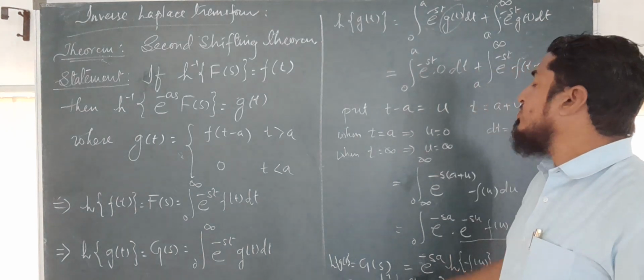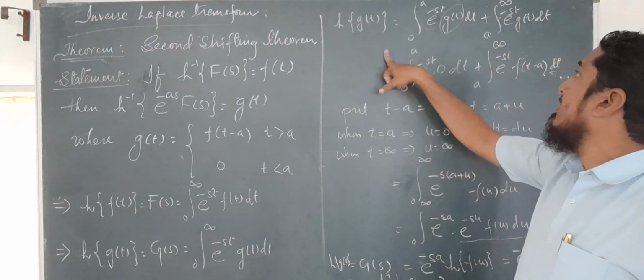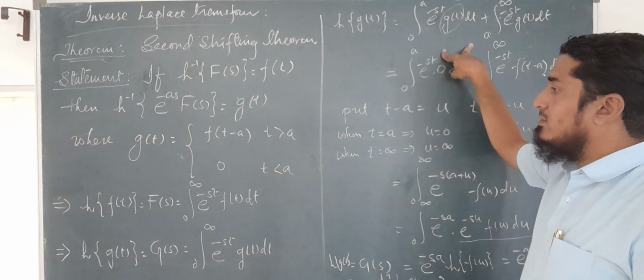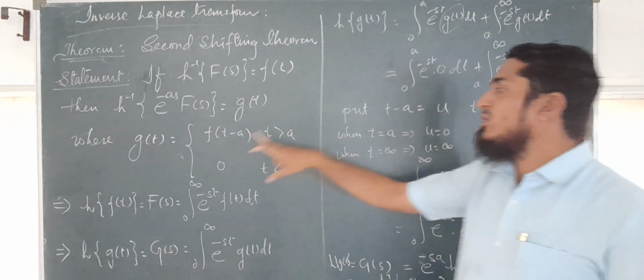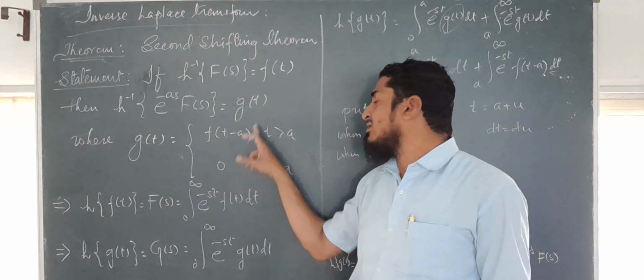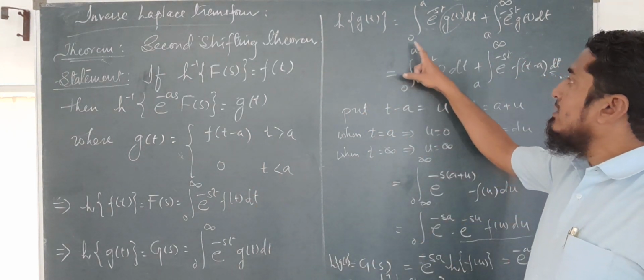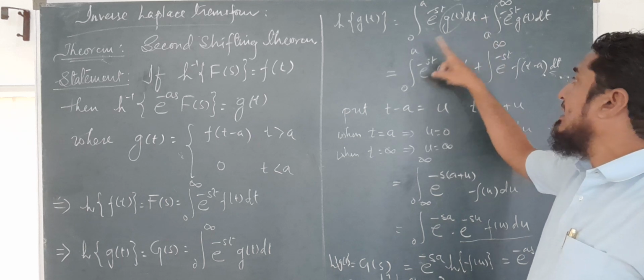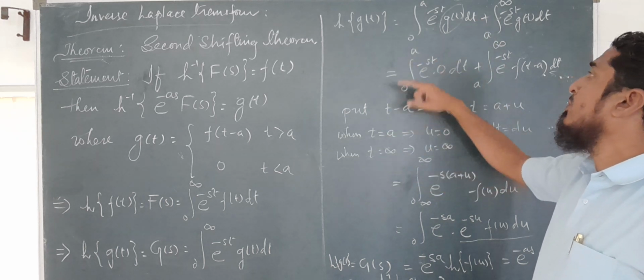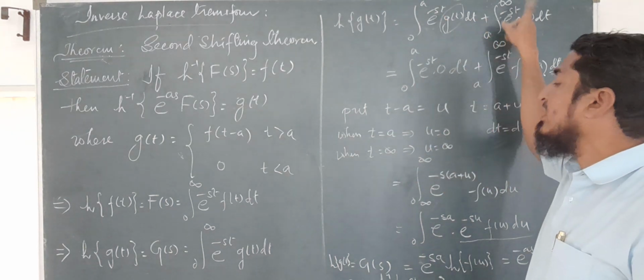Correct. Now using the definition, the value of g of t in two different intervals are different. So we have split our integration from 0 to infinity into 0 to a and a to infinity.